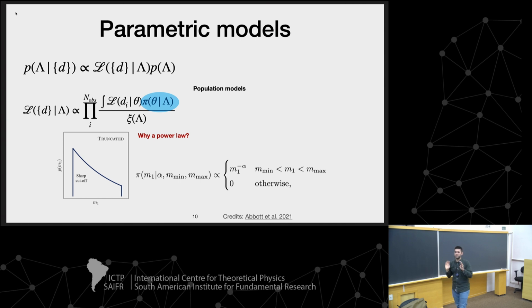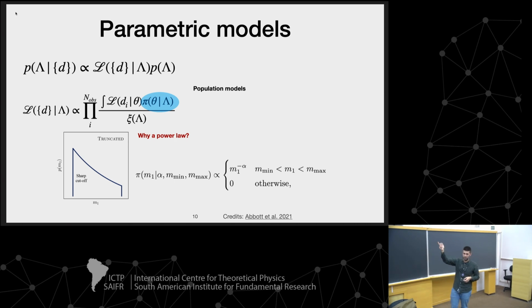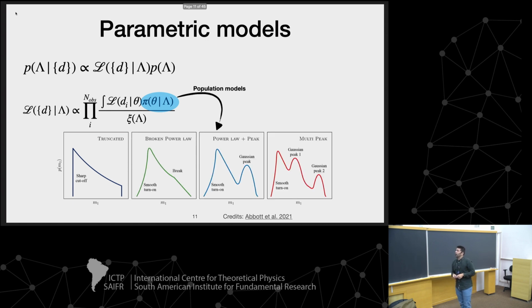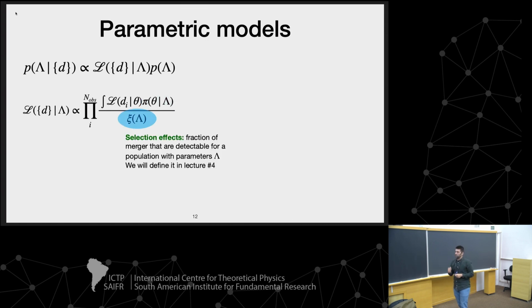So you're looking at a specific mass spectrum of black holes. You're not looking at the super small black holes that you form primordially. Also because they are too distant to observe with LIGO. This is going to be important with Einstein Telescope though. So selection effect is going to be, again, lecture number 4.